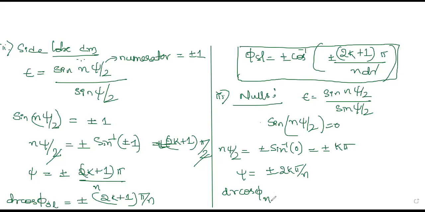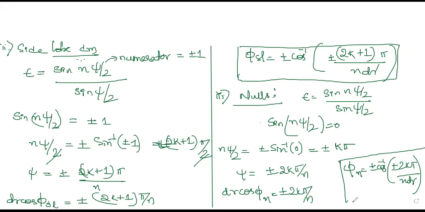I'll write the subscript as n, which is equal to plus or minus 2k pi by n, or phi n is equal to plus or minus cos inverse of plus or minus 2k pi by n dr. So this is the formula to find out the direction of nulls for a broadside array.